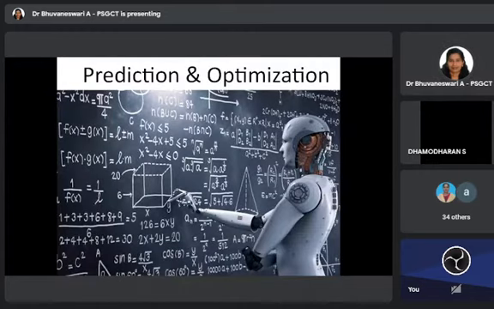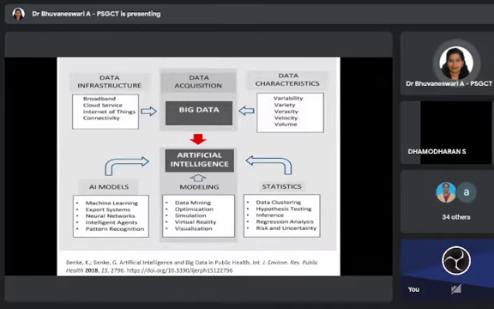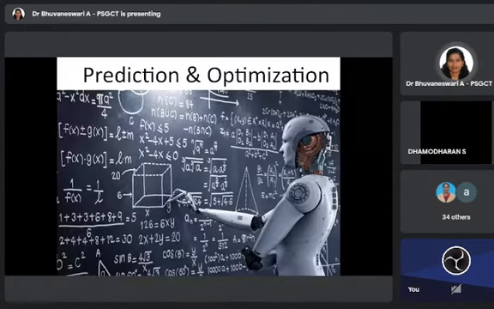So in almost all the applications, the process comes up with this concept. Okay, so in almost all the applications, there are two important processes apart from the modeling and the statistical analysis of the data.